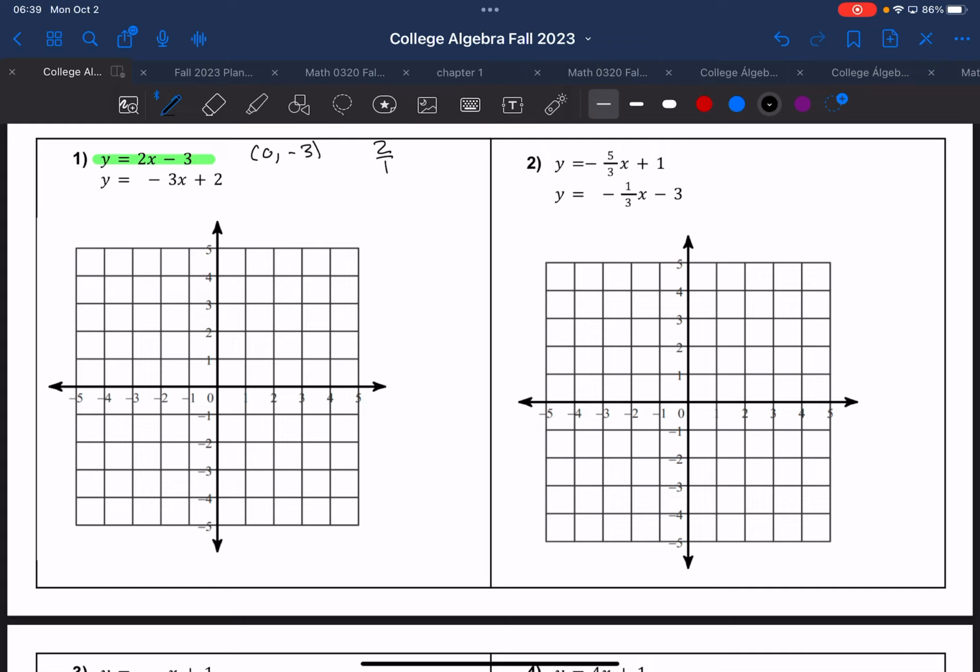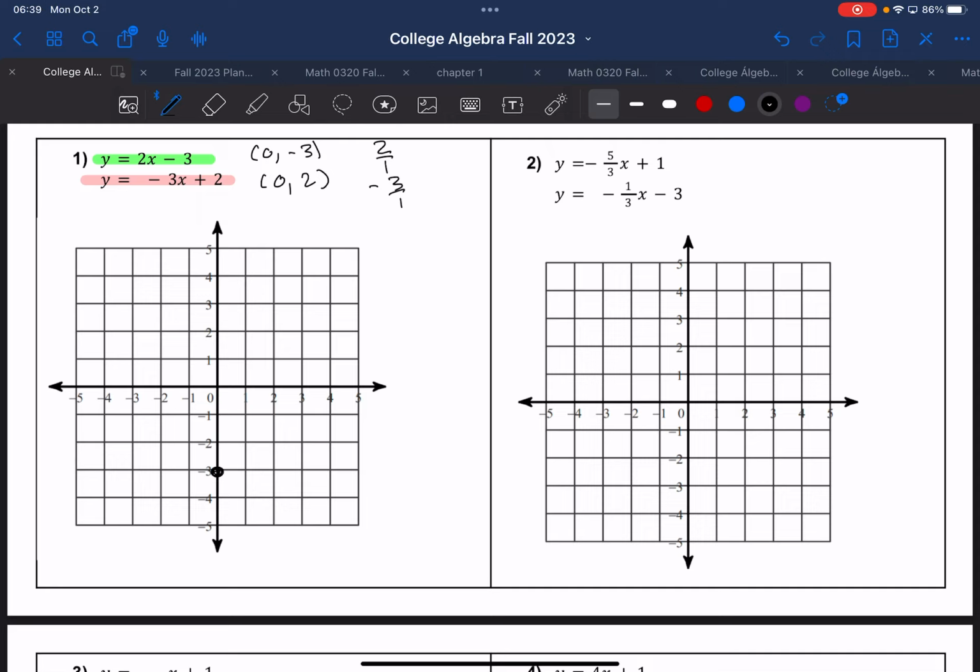What about the y-intercept for the next equation? Good, 2, and we would write that as a point, 0, 2. And what about the slope? -3 over 1. So now that we have the information we need from both equations, we're going to now graph. So I'm going to plot the point 0, -3.